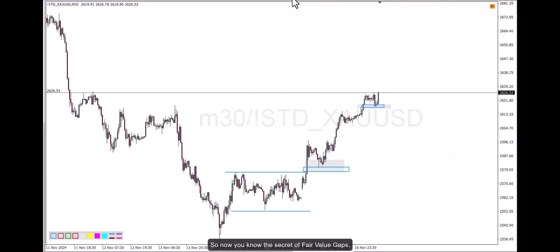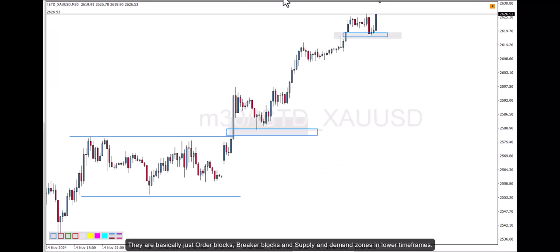So now you know the secret of fair value gap. They are basically just order blocks, breaker blocks, and supply and demand zones in lower time frames.